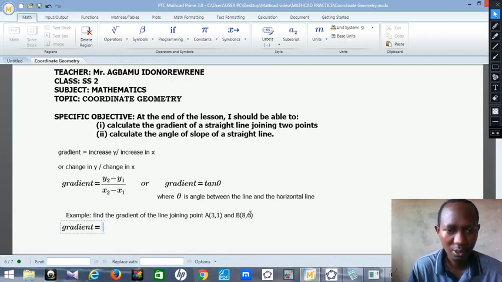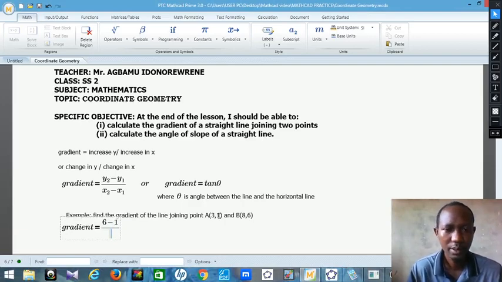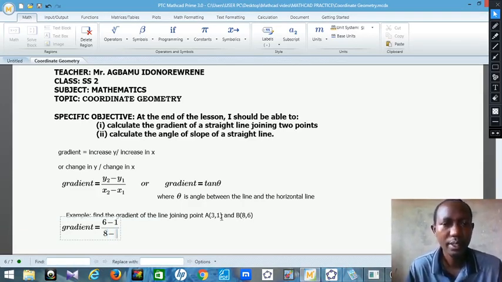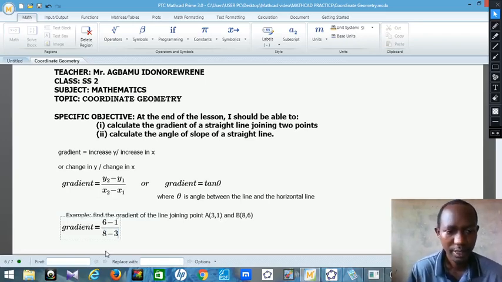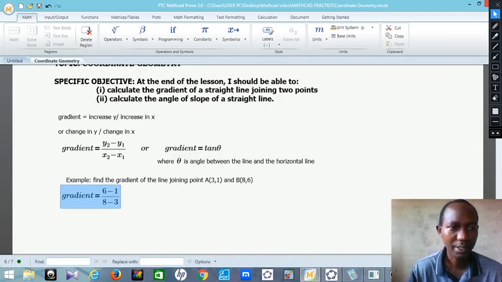So 6 is the second coordinate here. So 6 minus the second coordinate of the first point here is 1. 6 minus 1 divided by then 8 minus 3. So that is all. Then you do your simple mathematics, you get your answer.